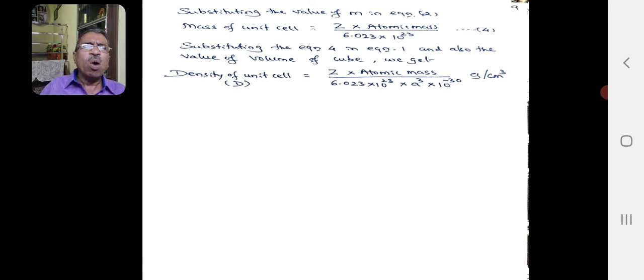Substituting the value of m in equation 2, I get the mass of unit cell is equal to Z into atomic mass divided by Avogadro number, that is 6.023 into 10 raised to 23. Let us call this equation number 4.